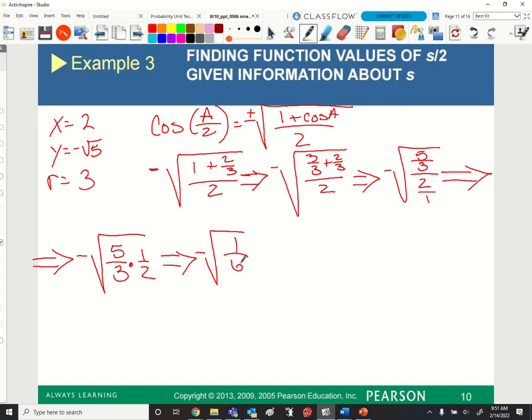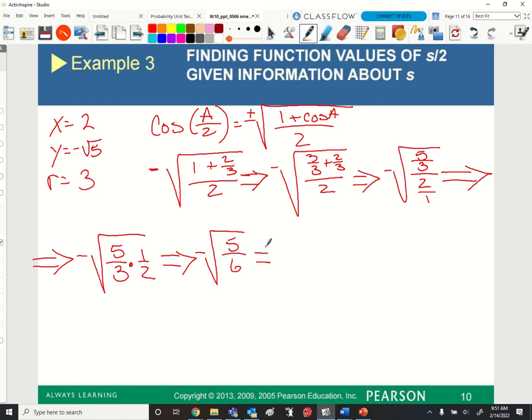Well, I'm sorry, not 1. Sorry about that, my head's in the way, so I can't read it. So 1 times 5 is 5, over 3 times 2 is 6. There we go, and then we could separate it out.